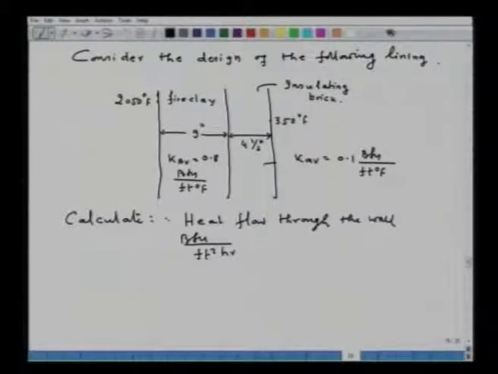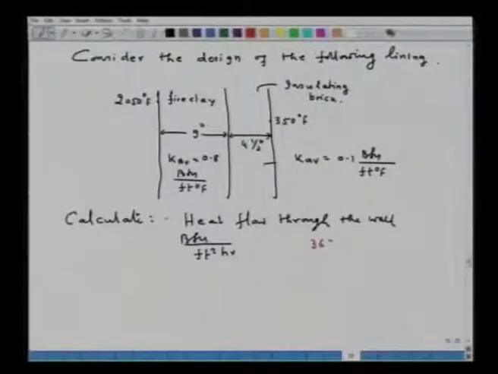So, naturally you have to assume 1 feet square. You can do this problem and the answer will be 362 BTU per feet square hour.